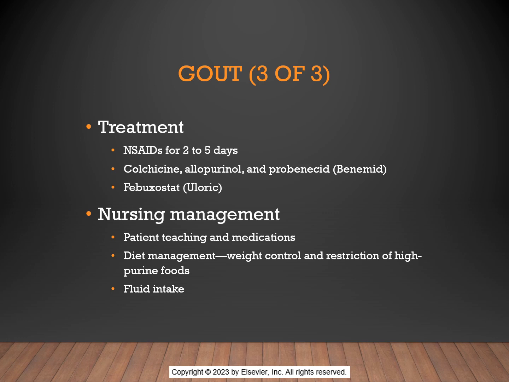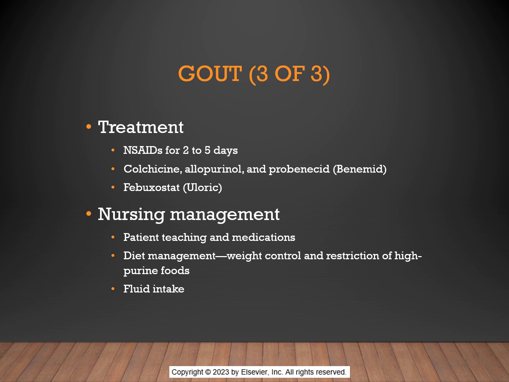Treatment during acute attacks will consist of administration of NSAIDs for 2 to 5 days for the pain. Allopurinol, probenecid, lesinurad, or febuxostat can be prescribed to prevent further attacks. Teach the patient about gout medication side effects and dosage.